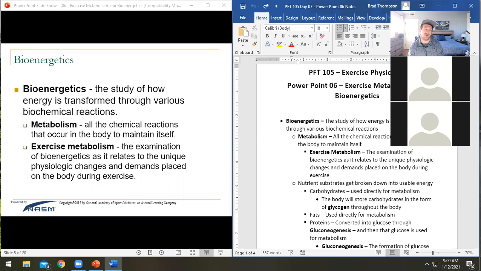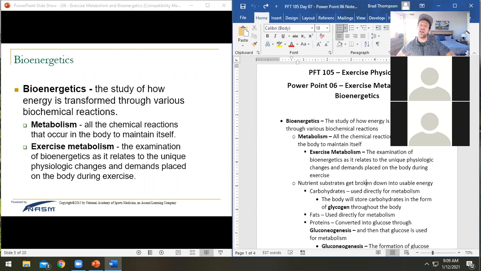With lactic acid fermented and oxygen, your cells spit out some ATP. That's our basic version of metabolism, and that works really well to give you a good understanding of where ATP comes from. But exercise metabolism is the unique version of all of that taking place during exercise.